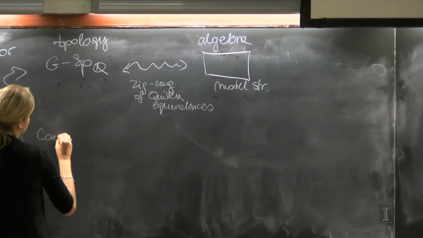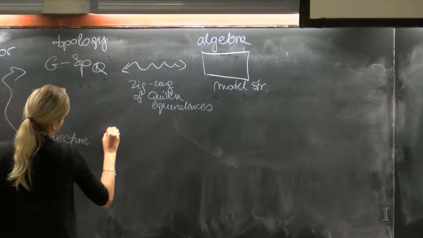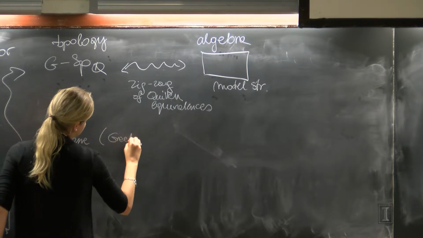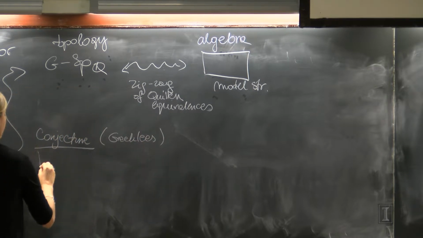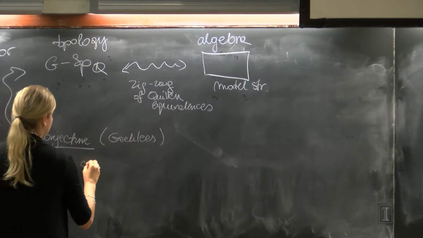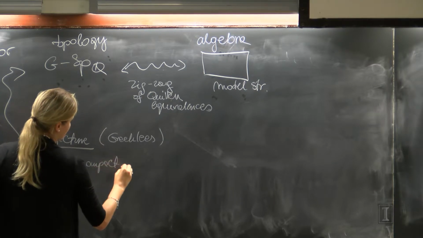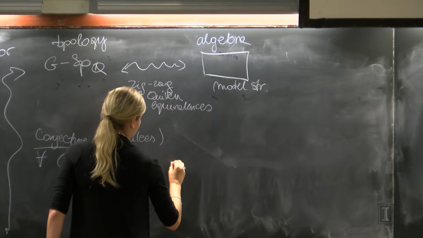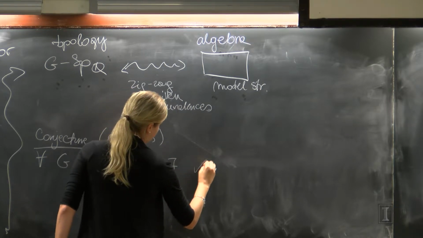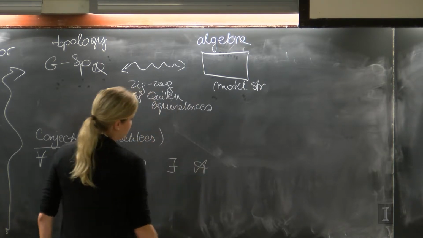So there's a conjecture of John Greenlees, which says that for every compact Lie group G, there exists an algebraic model. Well, how is it going to be given?